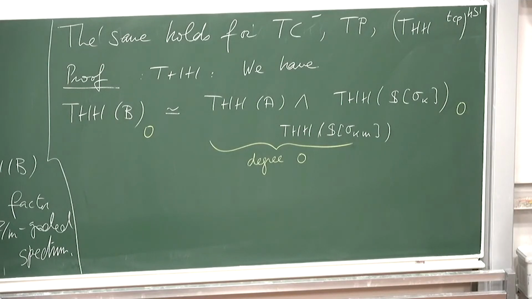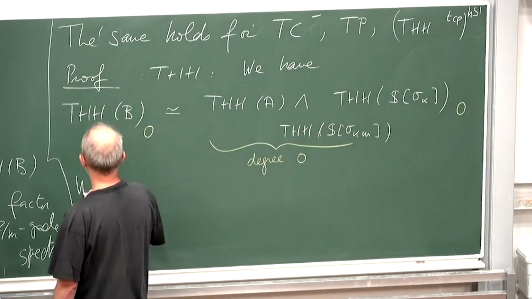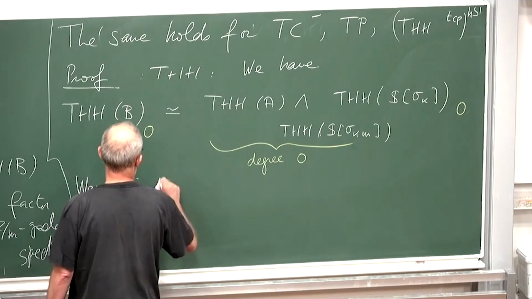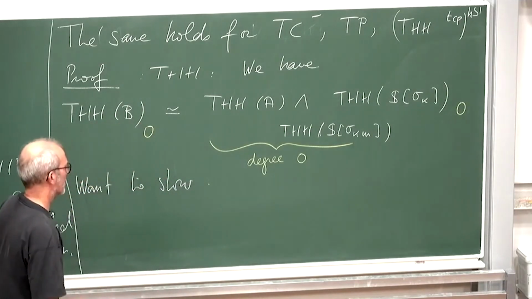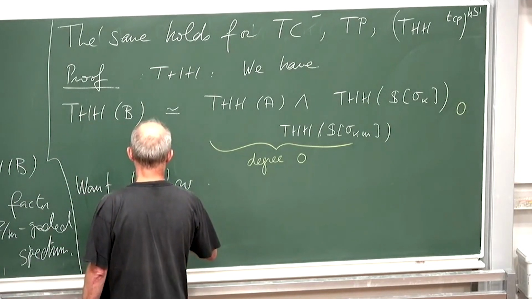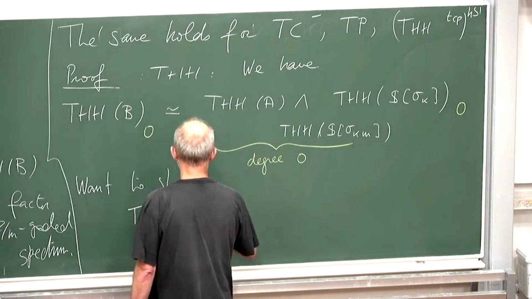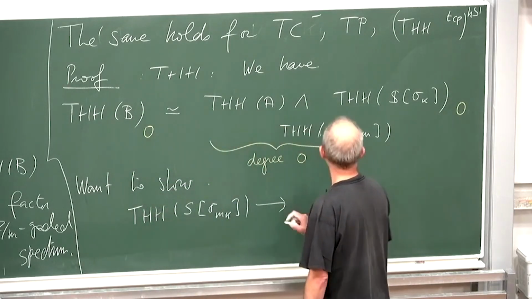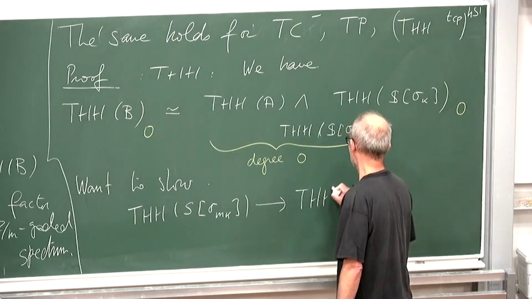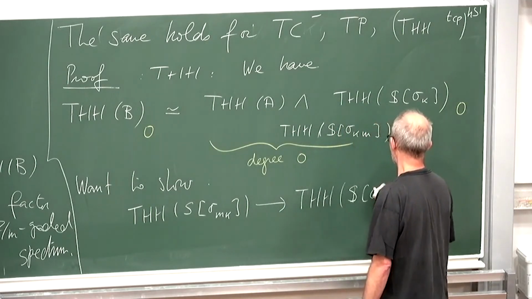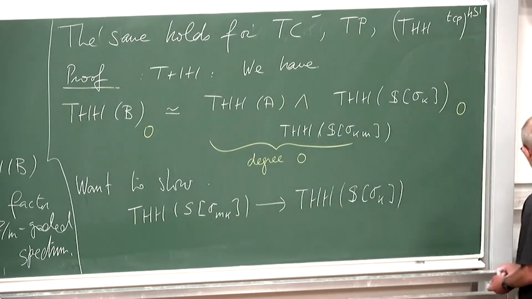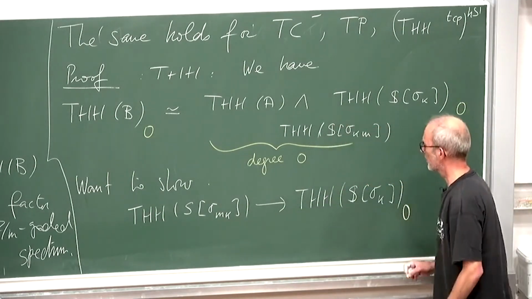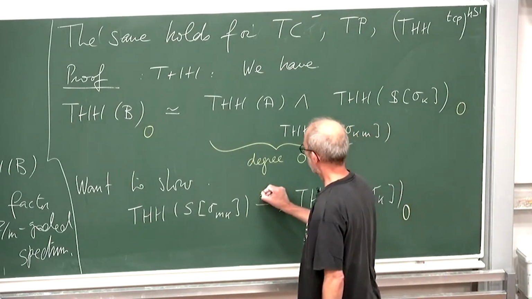So you are left to showing that this guy, when you map it to this guy, is in degree 0, so it will land in the degree 0 part, and then you want to have an equivalence here.